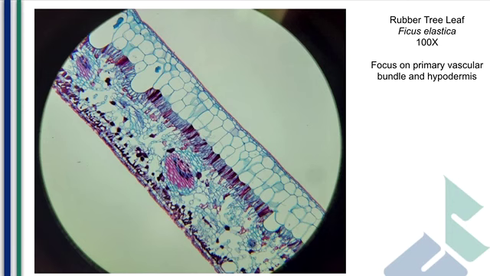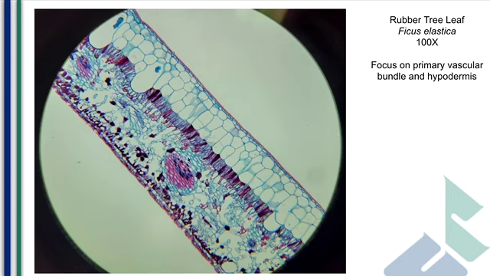A ficus leaf, Ficus elastica, rubber tree. You'll notice a very unique feature when looking at this leaf. You'll see a cuticle up top, a large amount of really big cells that have no chloroplasts, and then your palisade mesophyll starting really far down.